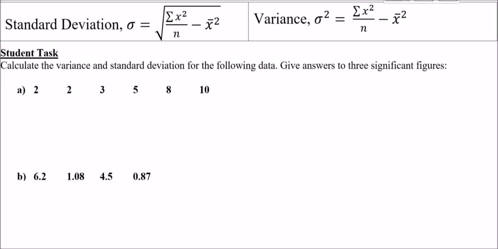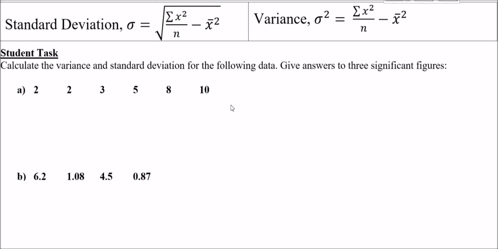Finally, before you attempt the exercise on your own, I've got a couple of questions for you here in this student task. So A and B, two different parts, calculate the variance and standard deviation for the following data and give your answers to 3 significant figures afterwards. So 2 things you could do. First option, do it manually using these formulae here for standard deviation and variance.